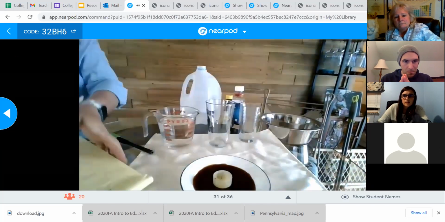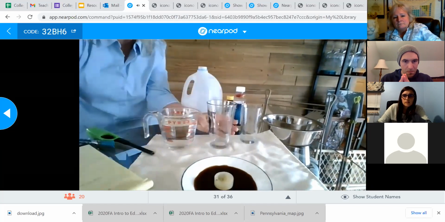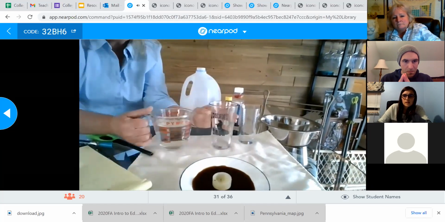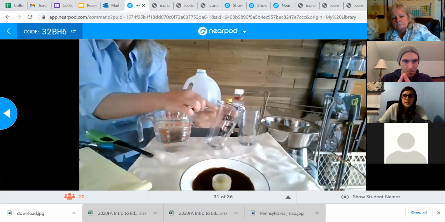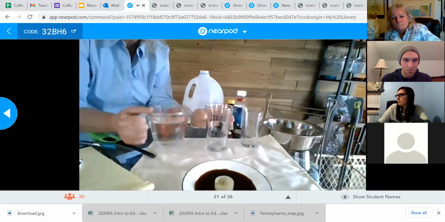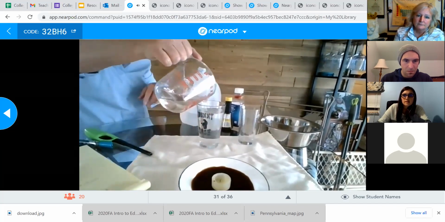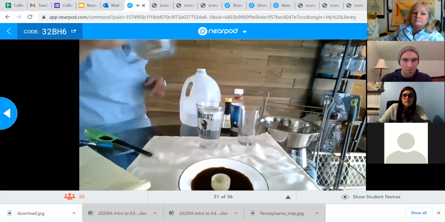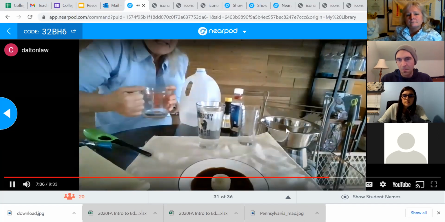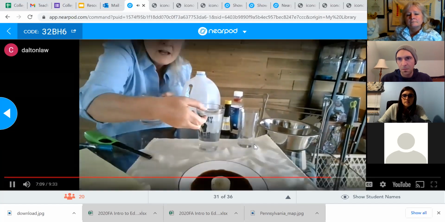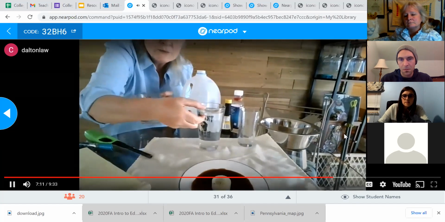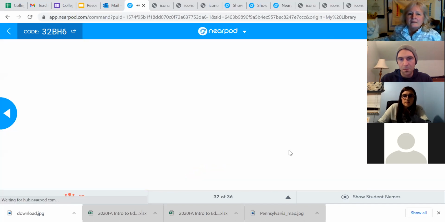Now that I know how much this glass contains, I'm going to fill it up to my marking. So I'm going to pour all of this in up to my mark. Now if you notice that gap right here, that's the amount of oxygen that was consumed.